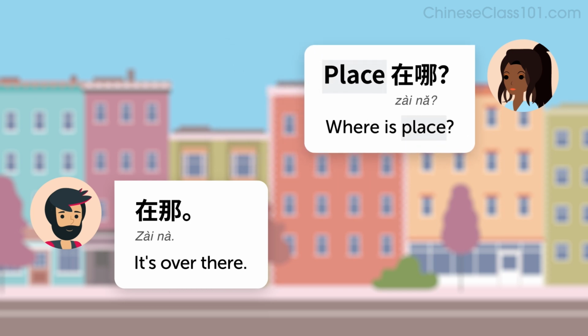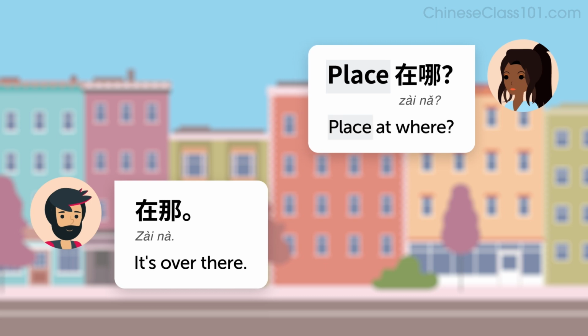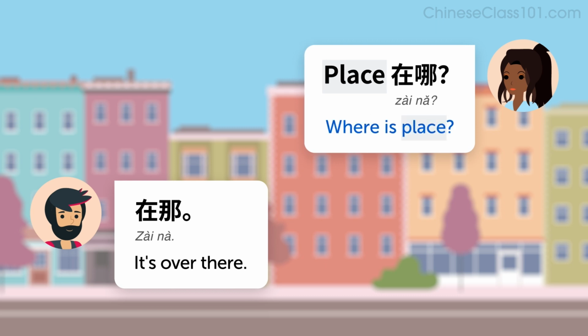First of all, you'll need to learn how to say, where is place? The pattern is place 在哪儿？This Chinese sentence literally translates as place at where, but it means where is place.